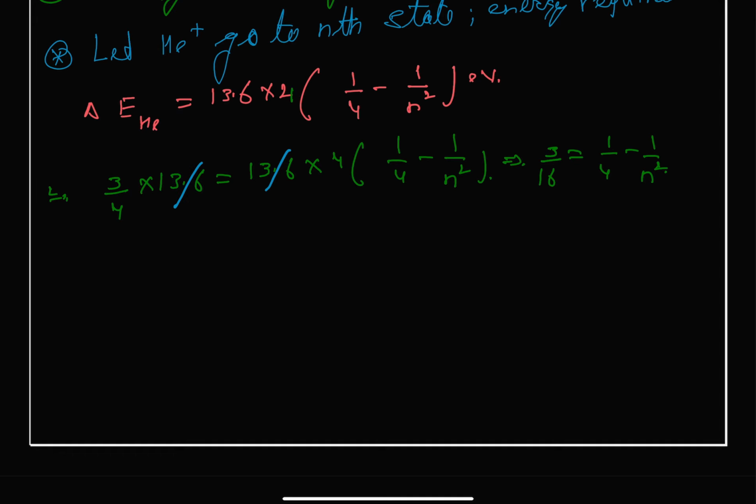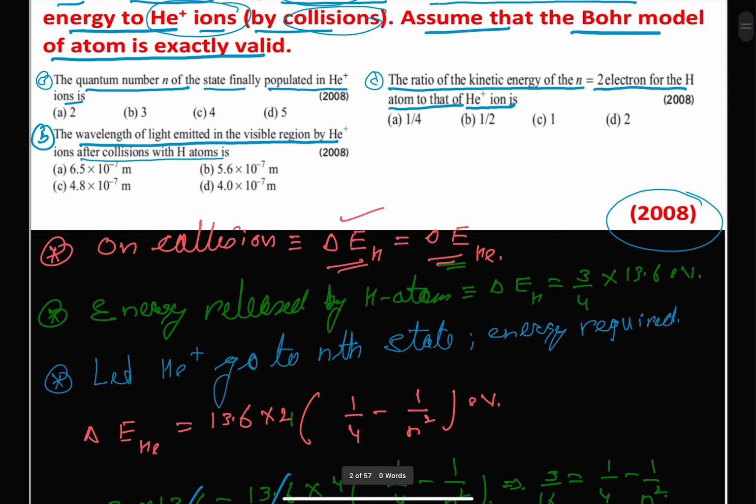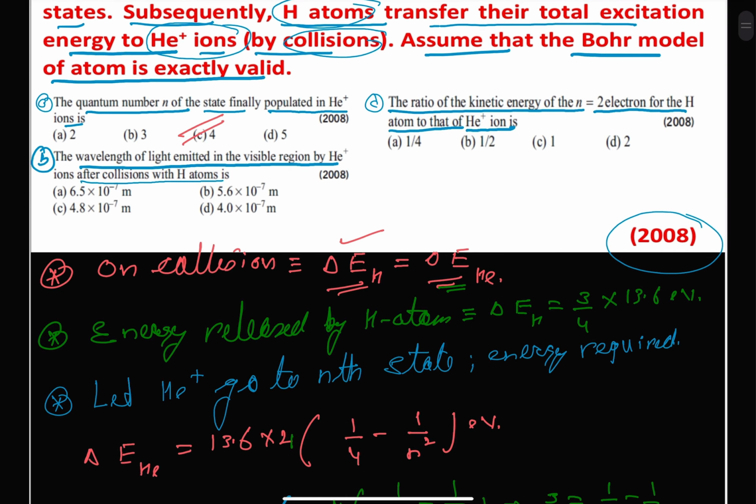So 1 upon n square is equal to 1 by 4 minus 3 by 16. The LCM is 16, so this comes as 4 minus 3, giving us 1 upon 16. From here the value of n square will be equal to 16, thus the value of n is equal to 4. So option C is correct, and this is part A.